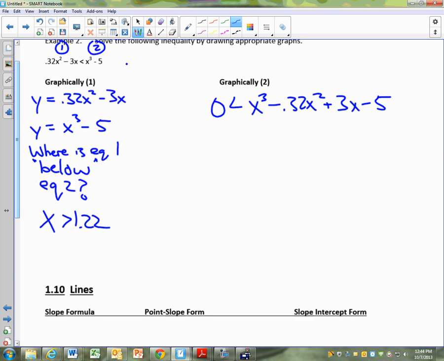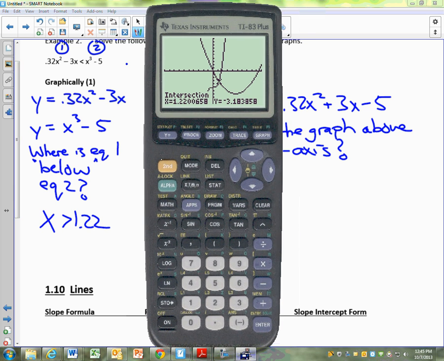What does it mean to be greater than 0, graphically speaking? Above the x-axis. Where is the graph above the x-axis? Well, that's a good question.